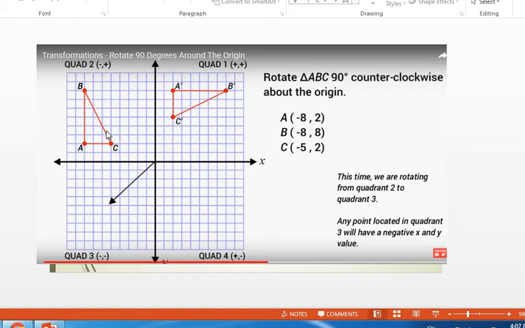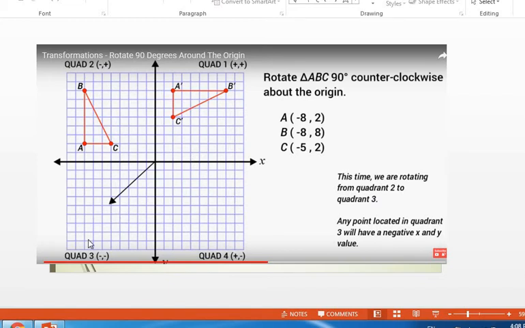If I rotate this triangle this way, it will go to quadrant 3. This time we are rotating from quadrant 2 to quadrant 3.